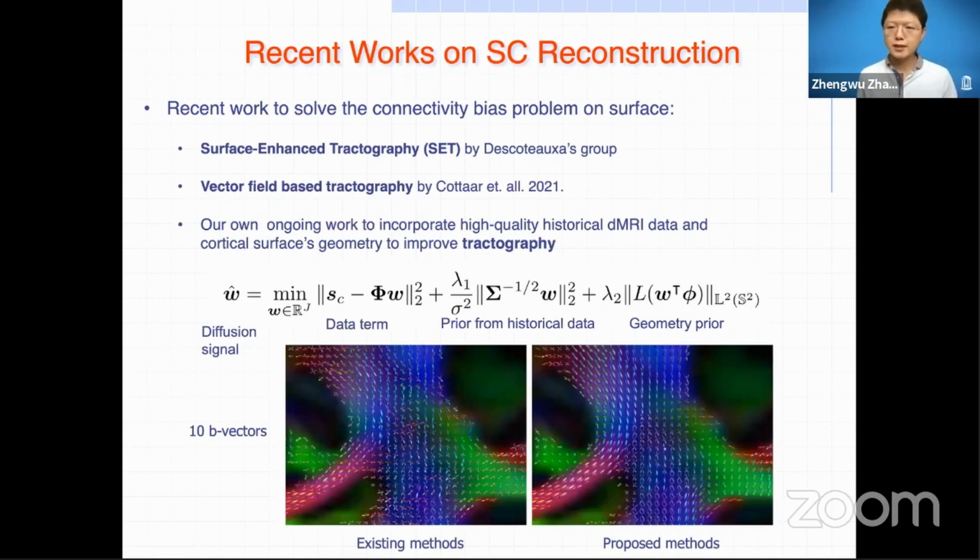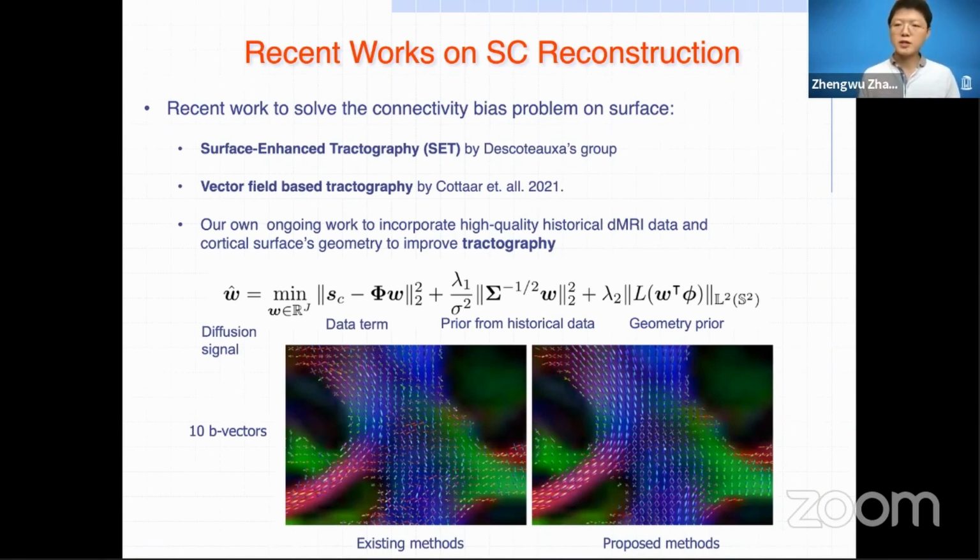We are also working on this. Our work is taken from a different angle, where we try to incorporate prior knowledge from histological data. We have a lot of high-resolution histological data, and human brains are very similar, so can we summarize those histological data and inject those priors into new subjects that we're estimating?